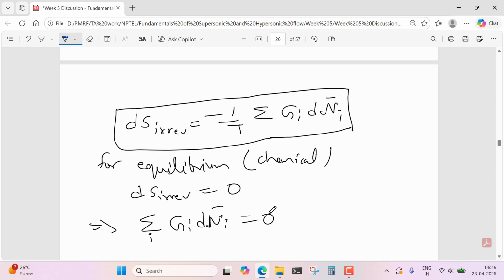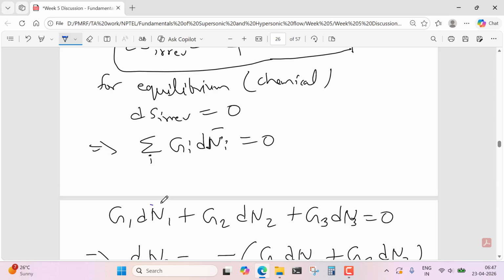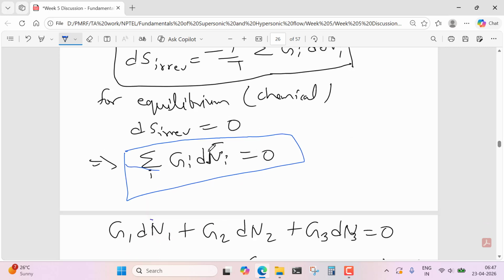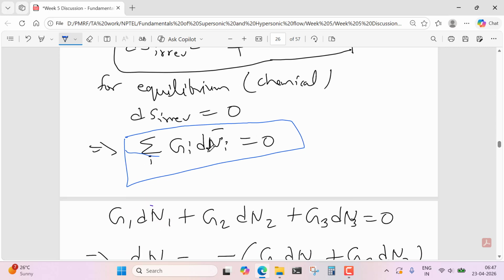So if it is 0, then for the 3 species system, if we expand this, this is also an important relation. It will be G1 dN1 plus G2 dN2 plus G3 dN3 equal to 0.